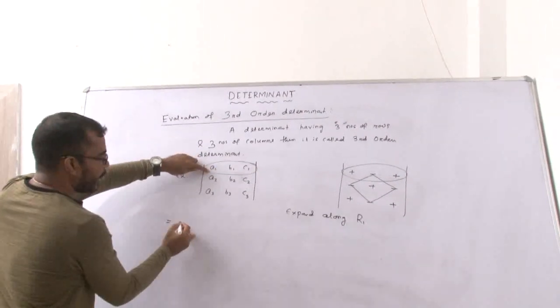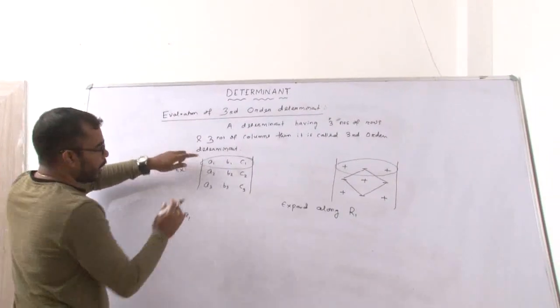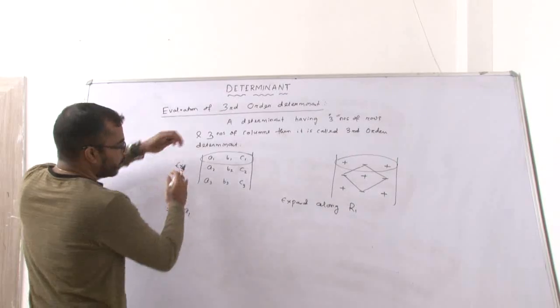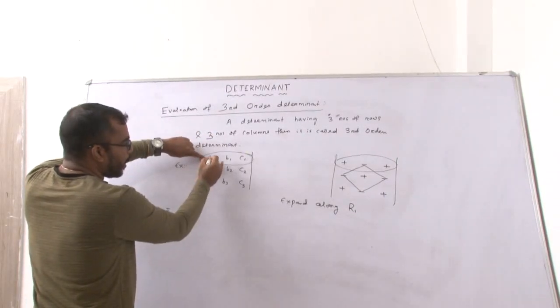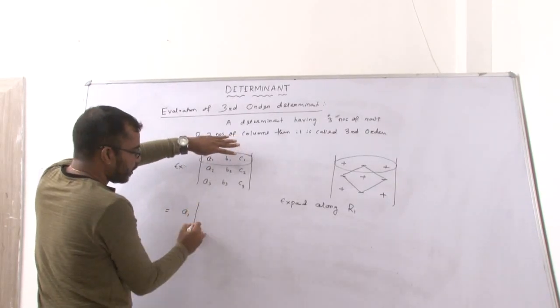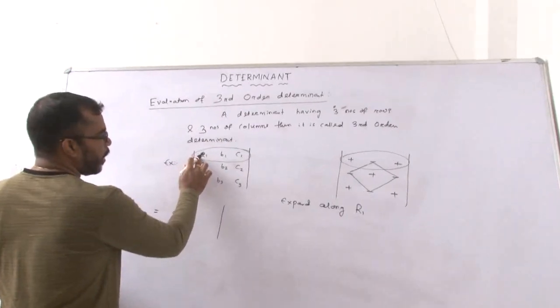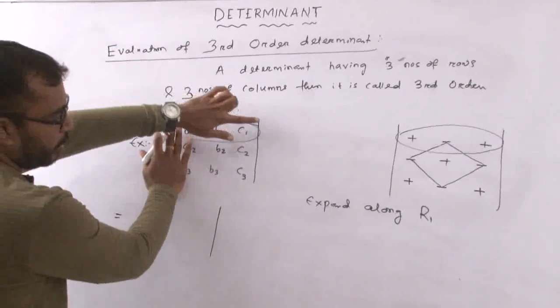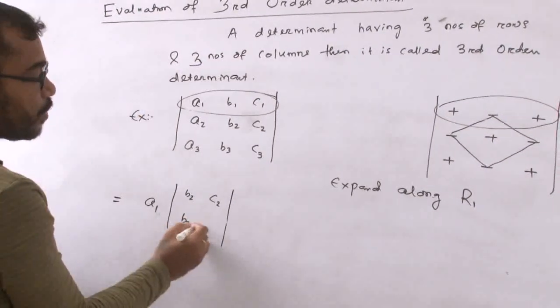So here A1 is positive, so you can write plus A1 or simply A1. For A1, if the row and column containing A1 are deleted, we get B2 C2, B3 C3.